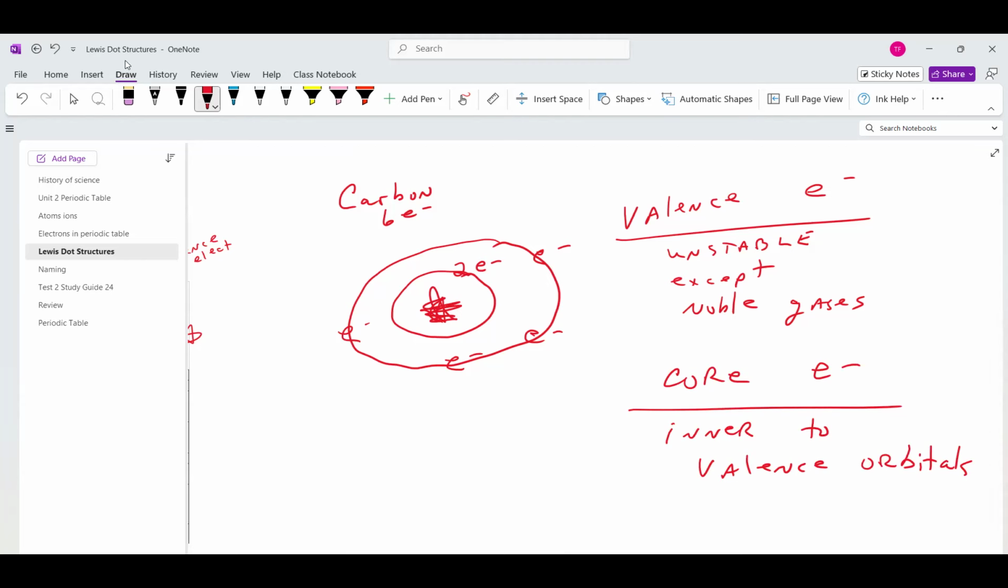Like uranium's got 92 electrons, so there's a whole bunch of orbits, but only the ones in the outermost are valence electrons. All the others are core electrons. And core electrons are extremely stable, so they don't come into play because they're already stable. Only the unstable valence ones come into play. So those are the valence ones is what Lewis worked with.